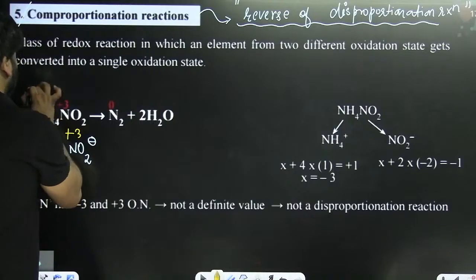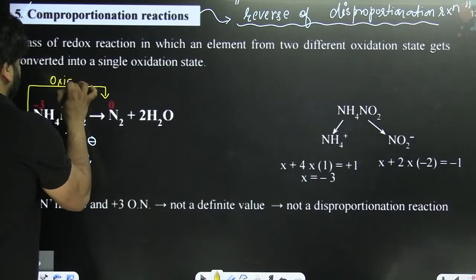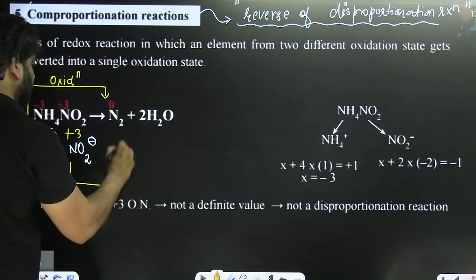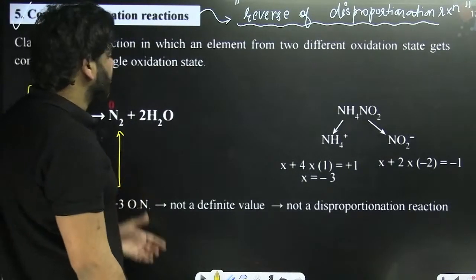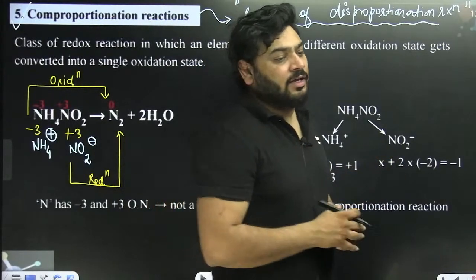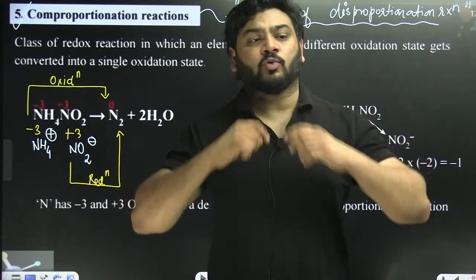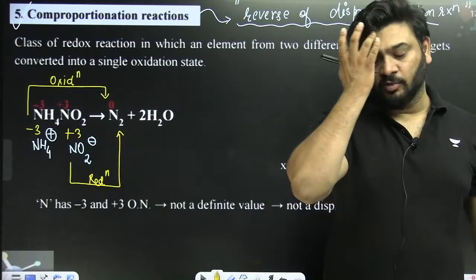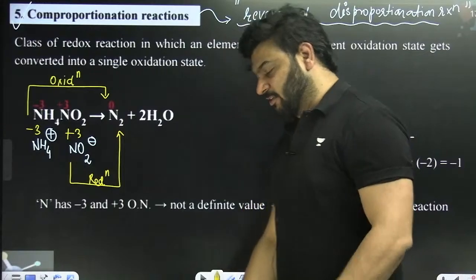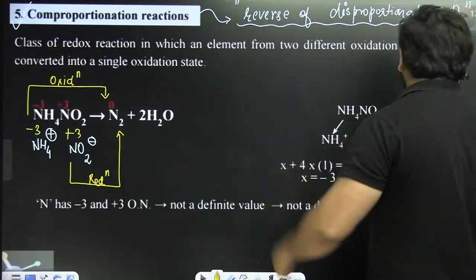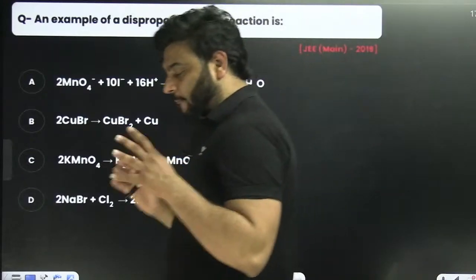Something going from -3 to 0 is oxidation, and something going from +3 to 0 is reduction. So if reduction and oxidation are happening in two different species, the element might be the same, but in two different species, and they end in the same oxidation state, then it becomes symproportionation or comproportionation, opposite to the disproportionation reaction. So we end this topic here.